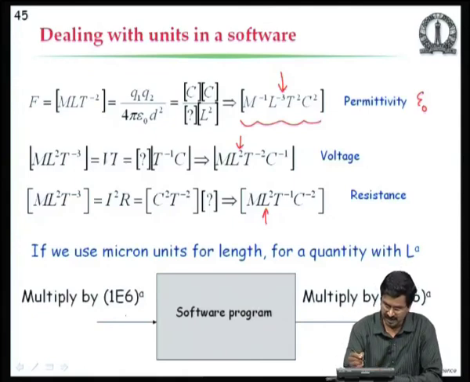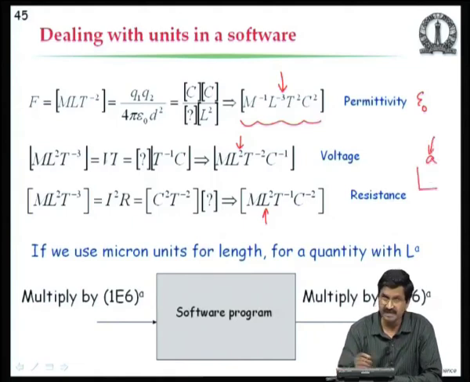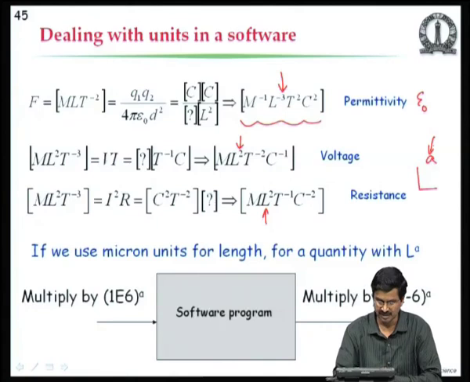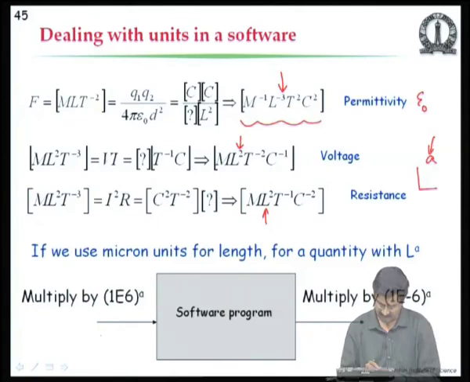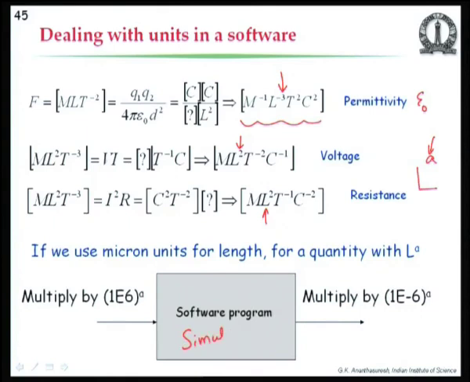So, we have to multiply by L raised to A, whatever that A is when you write the dimension for that particular quantity. When you put it into the software program or any simulation program, you have to multiply by this factor 10 power 6, if that is what you are doing. 10 power 6 raised to A, you have to multiply and put it in.